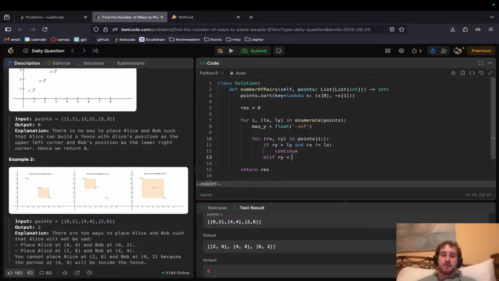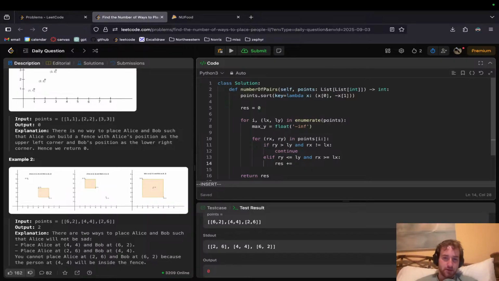A valid condition is our ry being less than or equal to ly, and our rx being greater than or equal to lx.